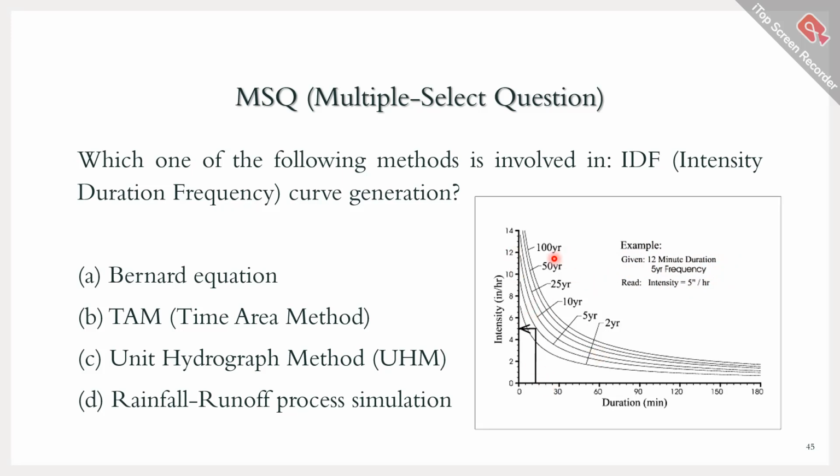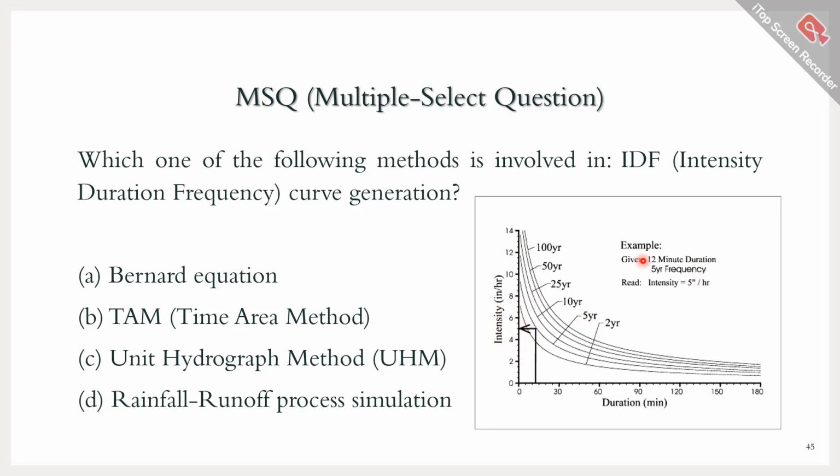There are different year curves, so you have to choose the 5-year curve and the 10-minute duration. It touches the 5-year curve at this point, and if you extend in the x direction, it will cut the y-axis at this point. In this way, intensity became 5 units.